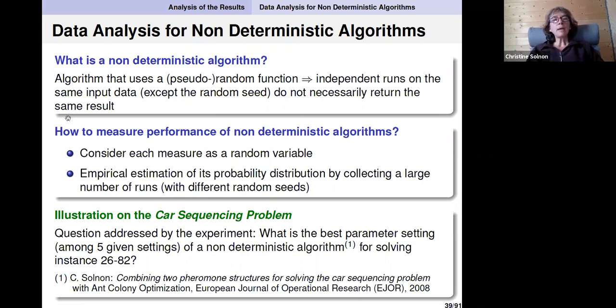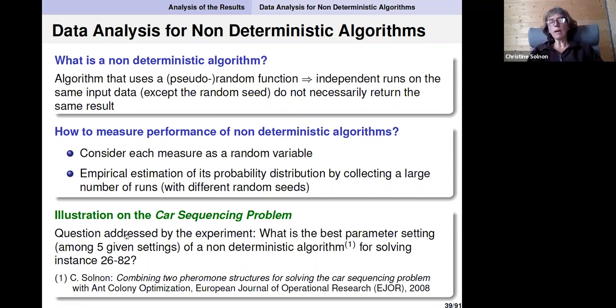So how can I measure performance of non-deterministic algorithms? I have to consider that each measure is a random variable, and each run is an observation, a realization of this random variable. So I can empirically estimate the probability distribution of this random variable by performing a large number of runs with different random seeds.